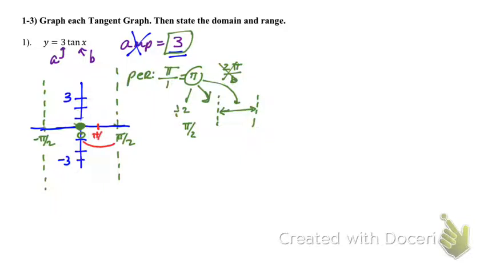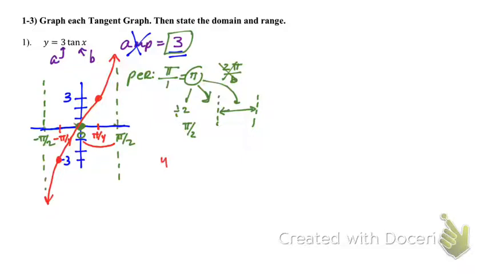It's pi over 4. What's in the middle of 0 and negative pi over 2? Negative pi over 4. What's going to happen at those points? That's where you will be at 3 and negative 3. And it was a positive 3, so we know that we are running uphill, positive tangent graph. And there you go. That's how we graph a tangent graph.